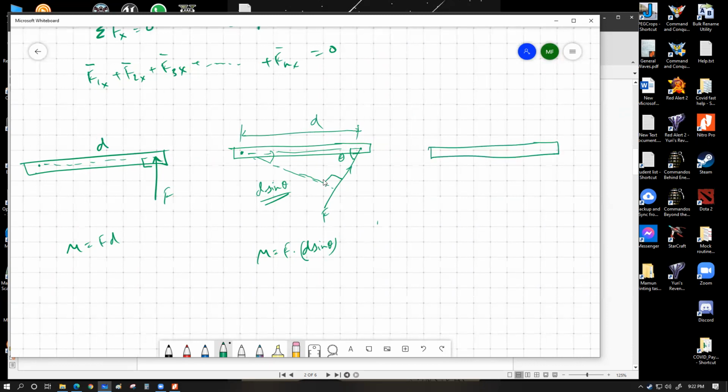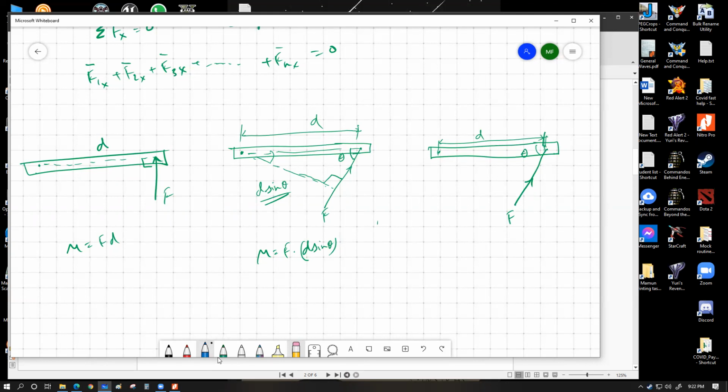Let's say we have an object over here which has a defined pivot point right at this point, and we have a force that is working on the object that goes in this direction, which is F. Now the defined distance that the object has from the pivot point to the application of force point, let's say that is d, and the angle over here is theta. So other than actually finding out the perpendicular distance like that, what we can also do is divide up this force into two components.